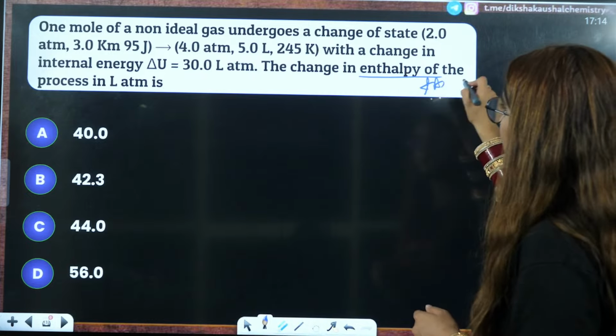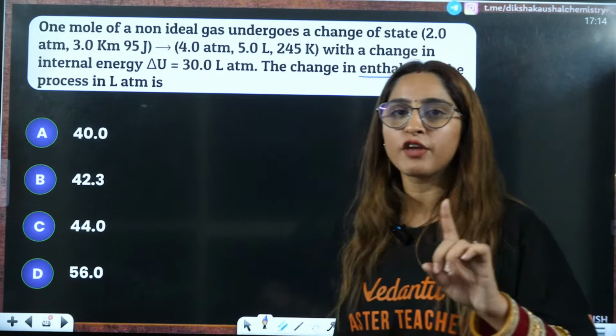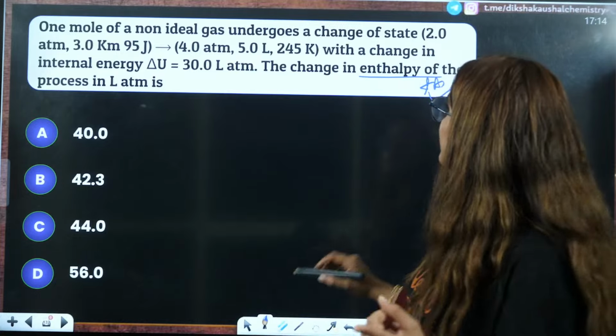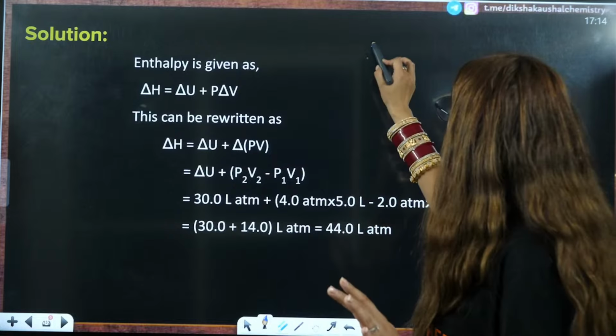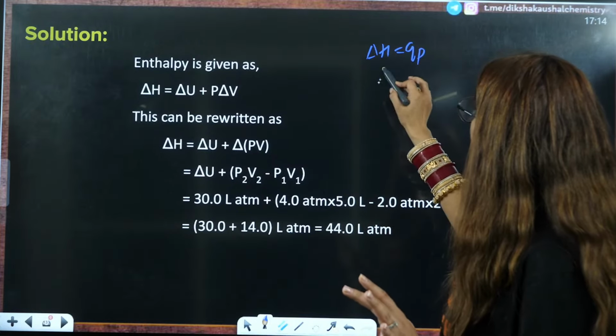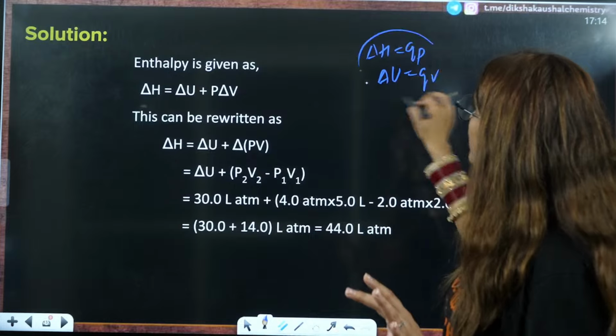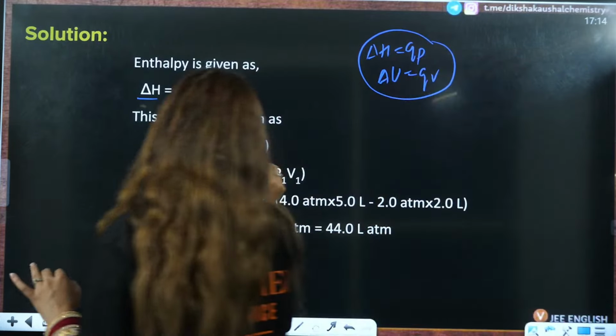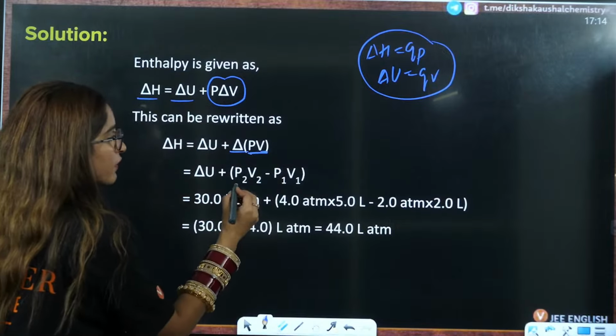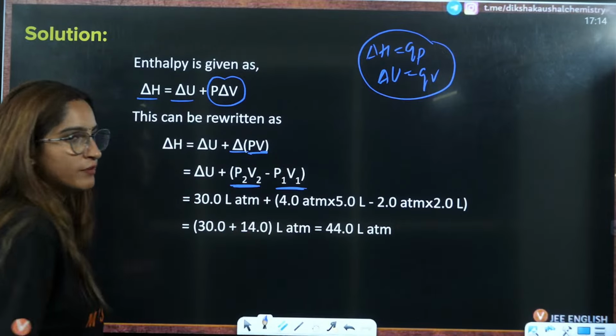Very, very important question. So here they have given you P and V are changing. They are saying internal energy, they have given, enthalpy you have to calculate. Remember, delta H is also QP, delta U is also QV. So directly you will put the value of P delta V here. That will be delta of PV. Delta of PV means P2 V2 minus P1 V1.